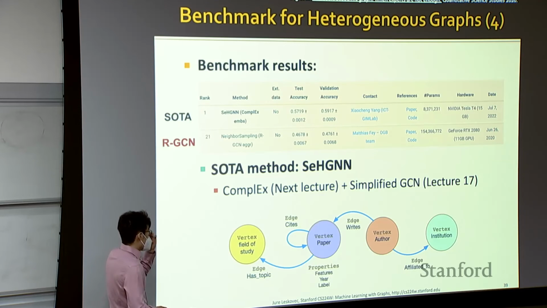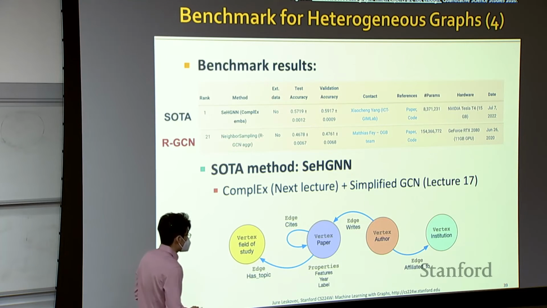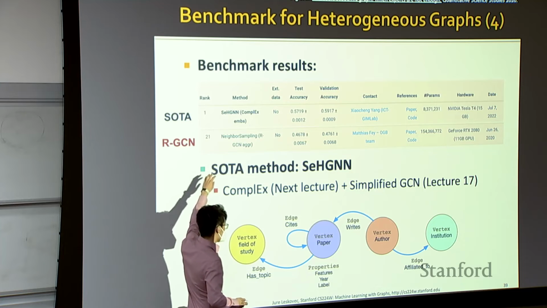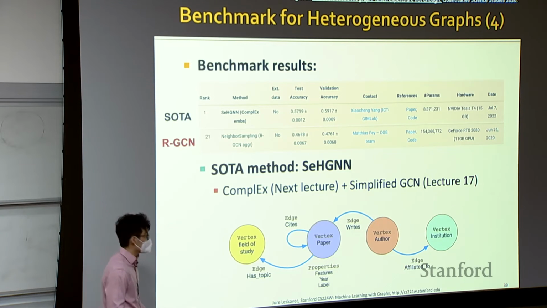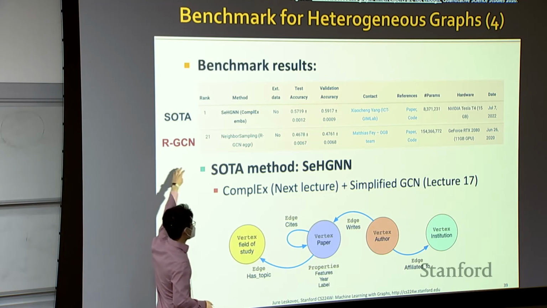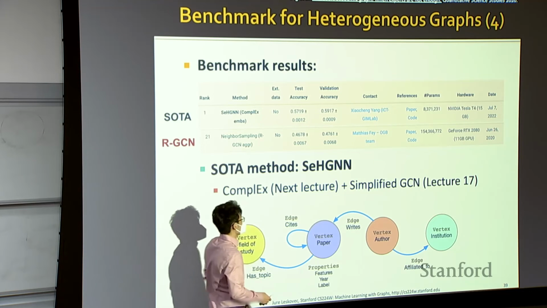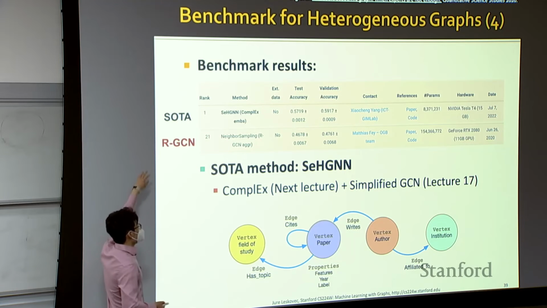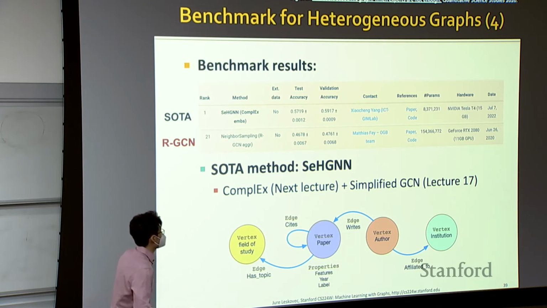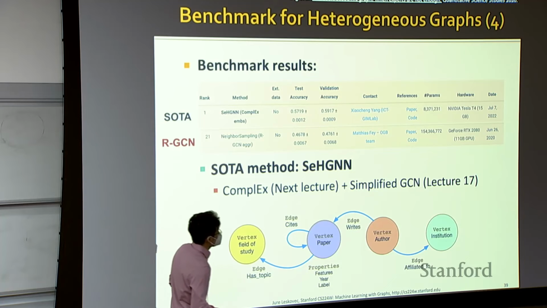So we can see some results on these benchmarks. You can log into the website of OGB, Open Graph Benchmark, to see more performance. You see that RGCN can generate reasonable prediction for this task, achieving about 47% accuracy. And then the state-of-the-art method is doing better, about 59% accuracy.